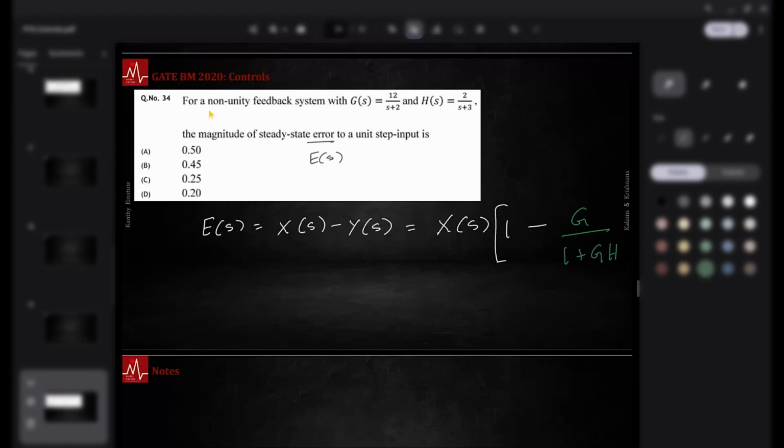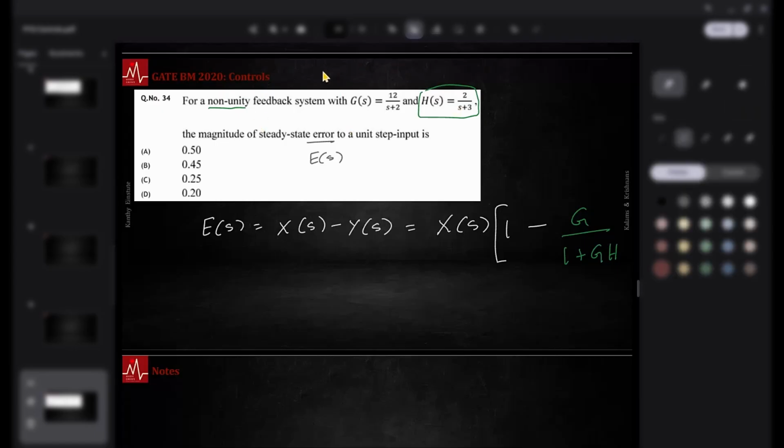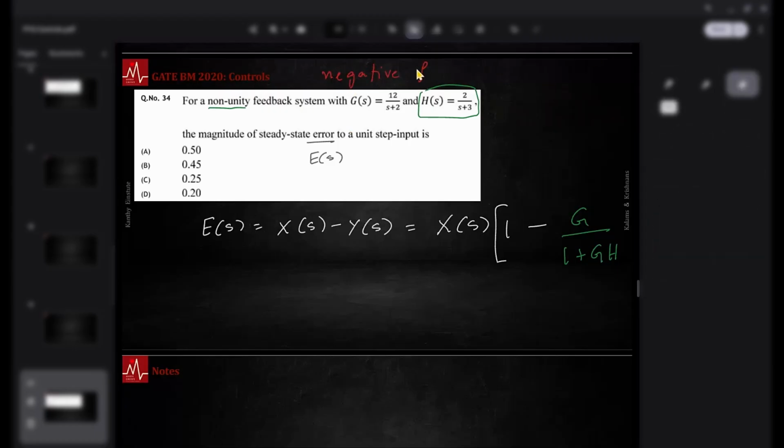And this is non-unity because of this H. If nothing is mentioned, you have to presume this is negative feedback by default. Only positive feedback is explicitly mentioned. This is not mentioned, so this is negative feedback by default.